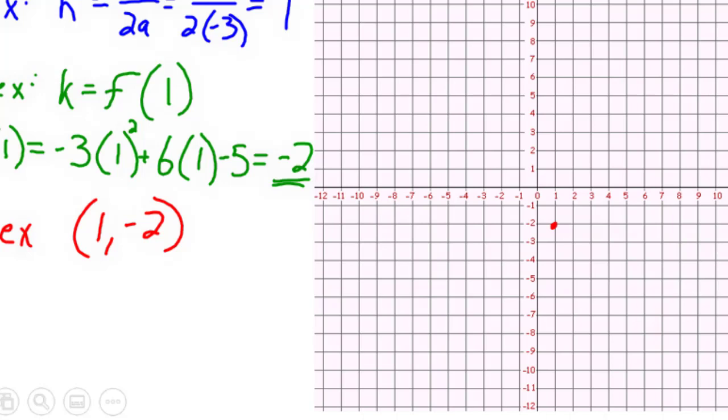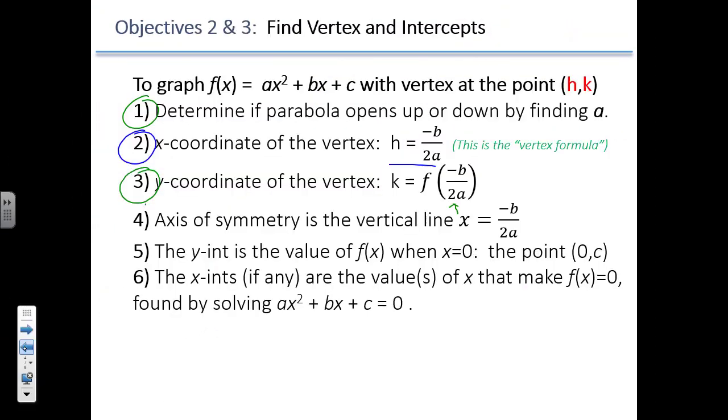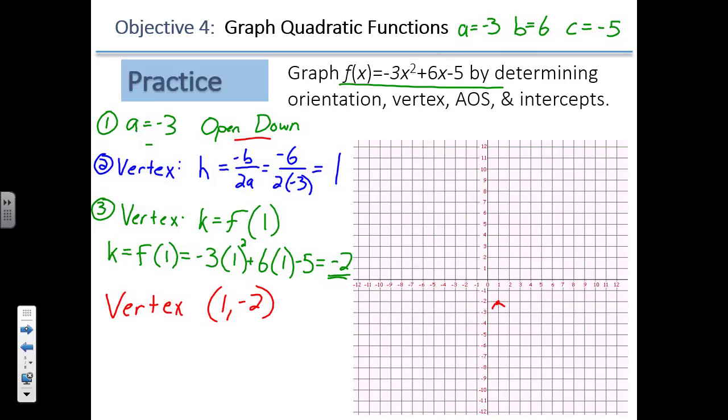Now we know that this parabola is opening downward, and so we know that it must be curving downward through the vertex. Step 4 is to now mark the axis of symmetry, which travels right through the x-coordinate of the vertex. And so our axis of symmetry must be right along the line x equals 1. There's step 4.